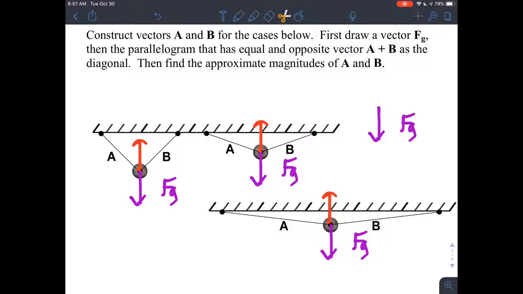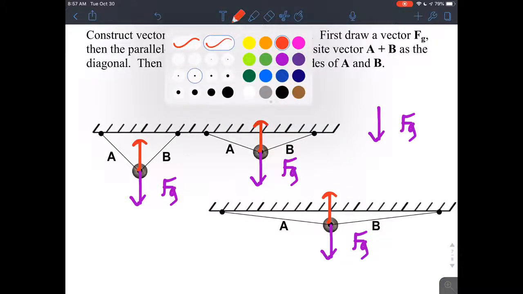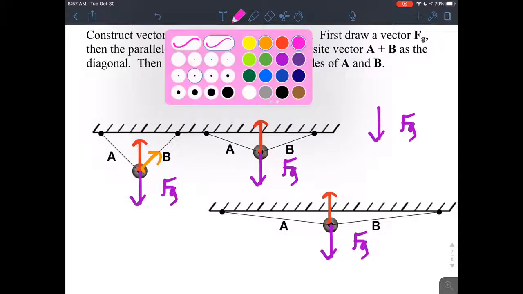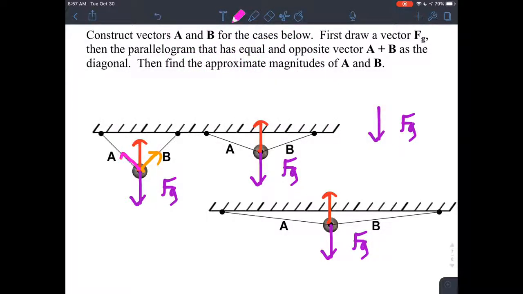So basically what I'm going to do here, guys, is I'm going to say, okay, well, B, again, must go up to the edge of the red one. A must go to the edge of the red one. So there's A plus B. Right? A plus B gives us the red one. In this case, again, we want A plus B to equal the red one.